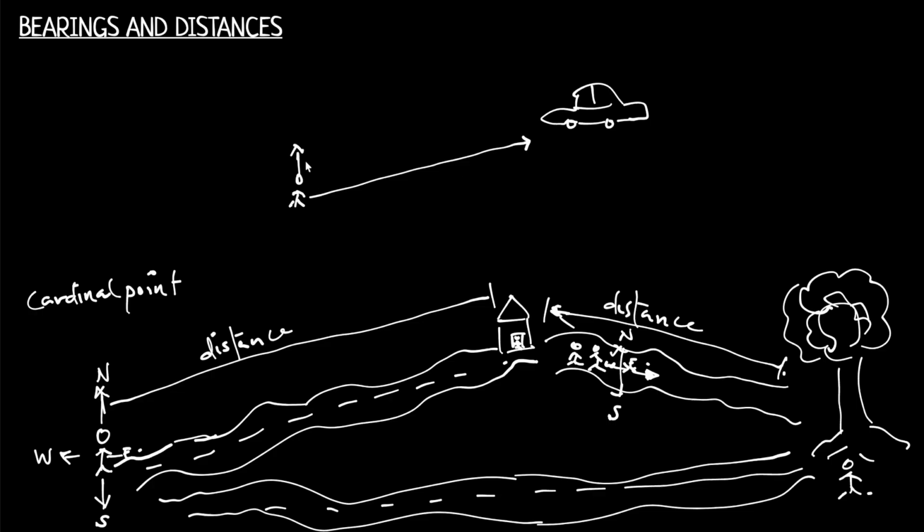This angle is usually read from the north. So at a particular angle, it could be 60 degrees, it could be 45 degrees, it could be any angle. Just to make sure you have a direction to get you to the car.